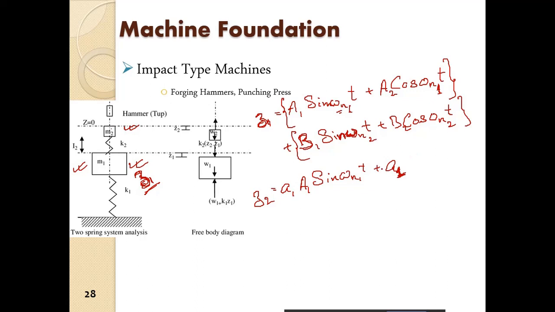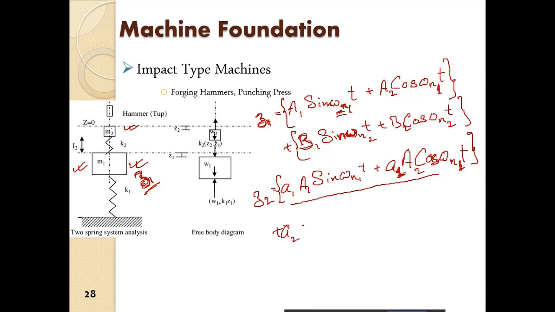For the omega n1 frequency, that is, A1 sine omega n1 t and A2 cos omega n1 t. So this is one part of the motion. Then for the remaining part we will have another correlation, suppose A2.